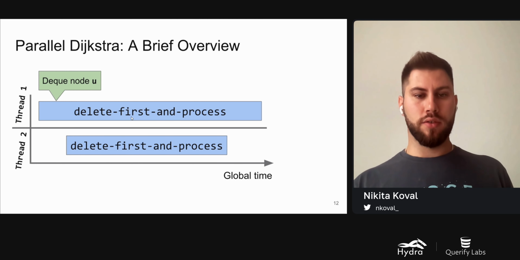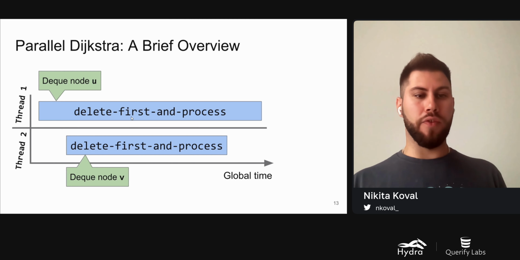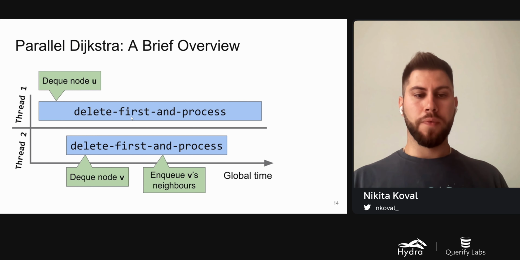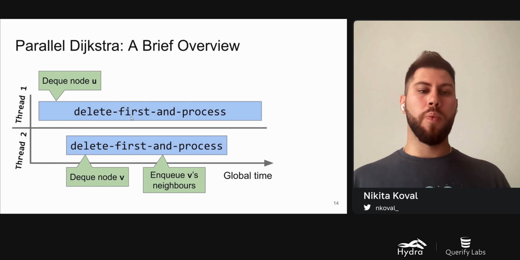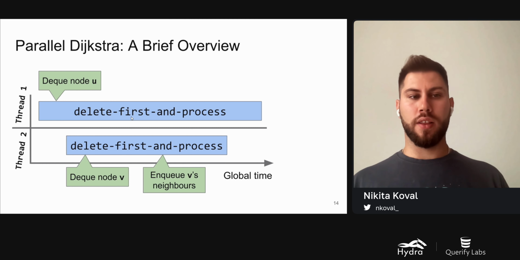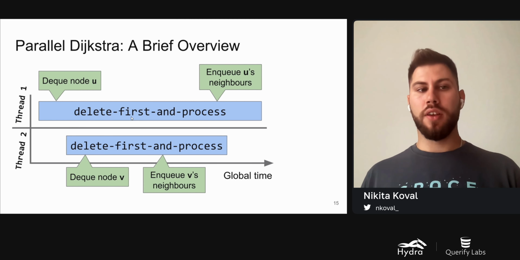And after that, the second thread extracts the second node. And importantly, it's okay if the second thread relaxes all the outgoing edges before the first thread, right? So it turns out that we have processed the second priority node earlier. And only after that, we process the first node.